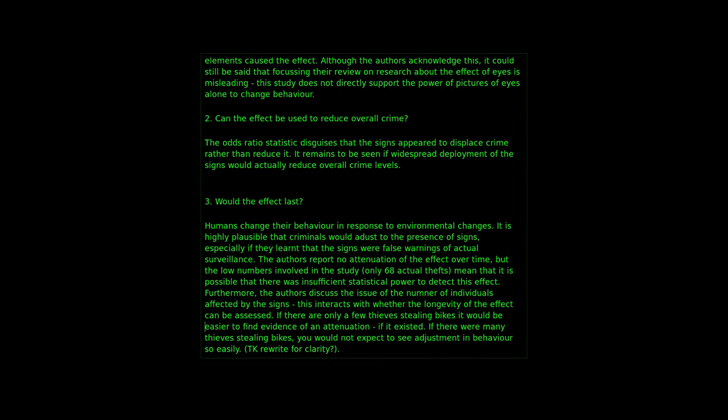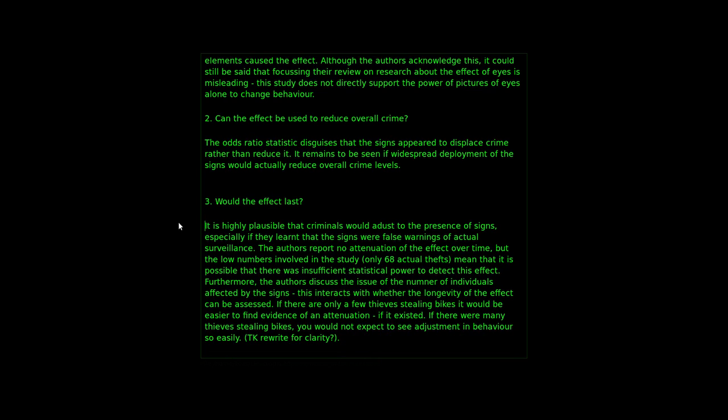Would the effect last? Right, that's an introductory sentence. Don't need that. It's highly plausible that criminals would adjust to the presence of the signs.